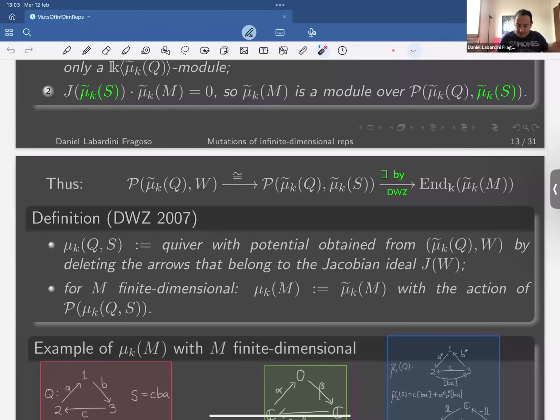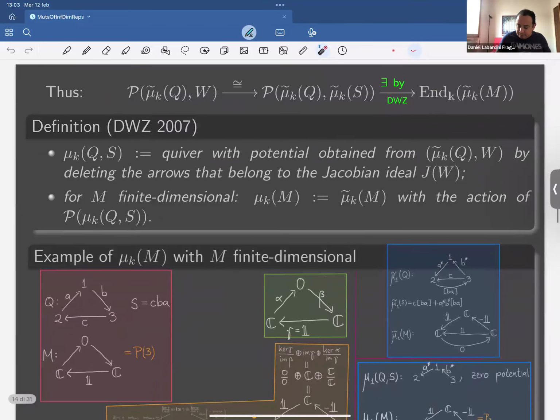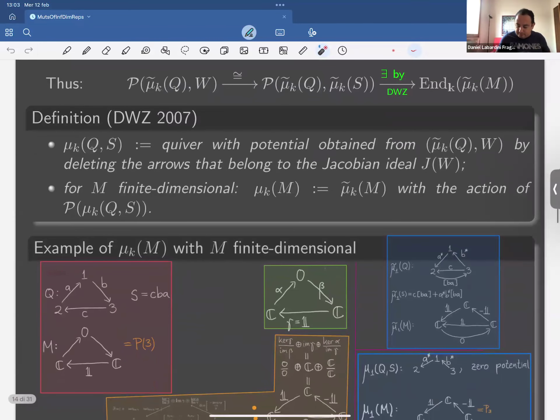I know that it's a bit of a mouthful. And so they define a mutation, with the only caveat that depending on which potential you started with, it may be that in the new Jacobian algebra there may be 2 cycles that cannot be removed. This depends on whether the potential is non-degenerate or not, for example.